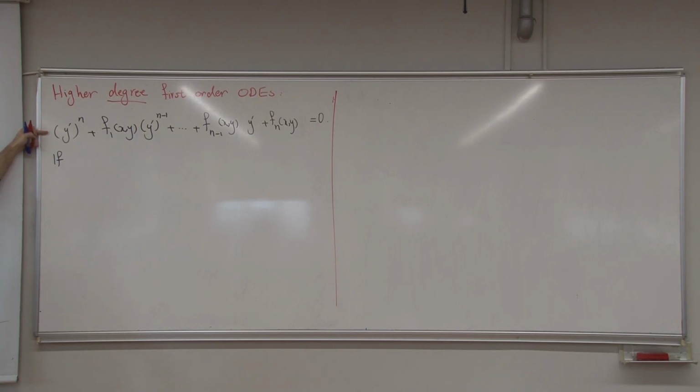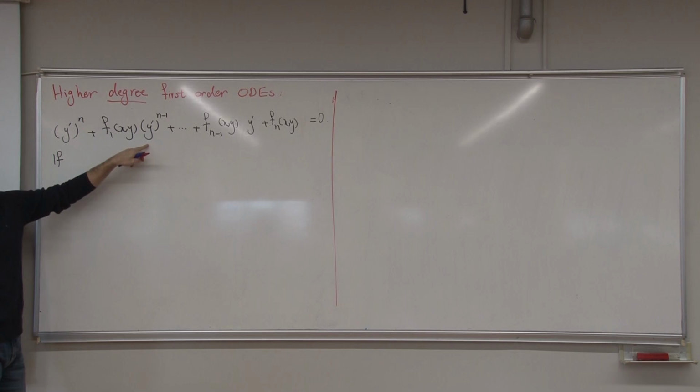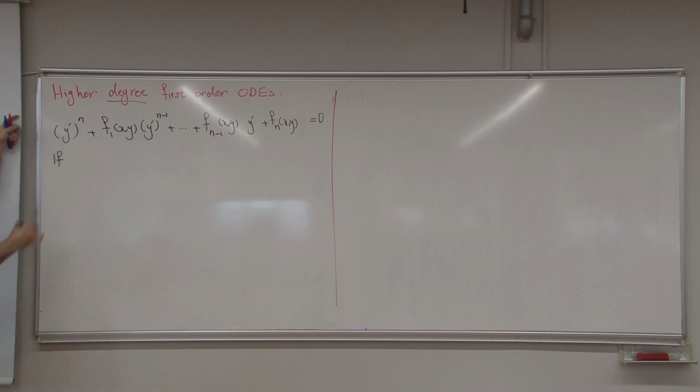Is it a linear differential equation or not? It is definitely non-linear because we have higher order terms, so y prime and this kind of thing are multiplied by each other. So this really has a non-linear nature.